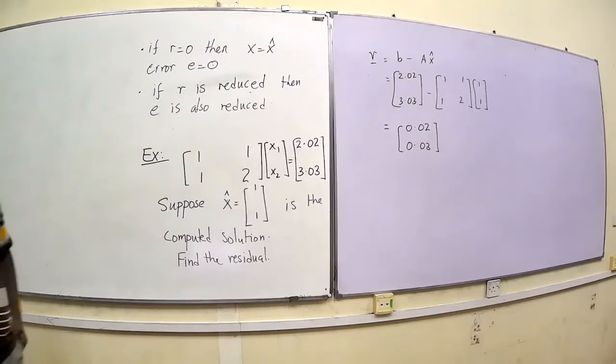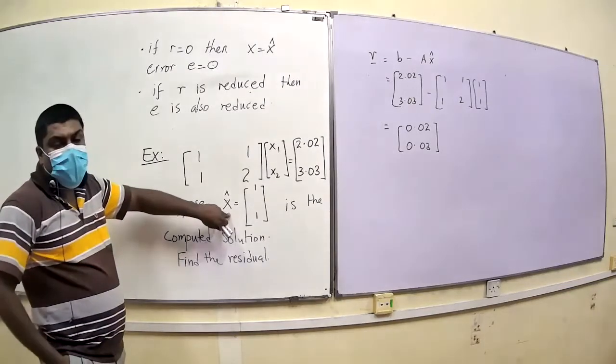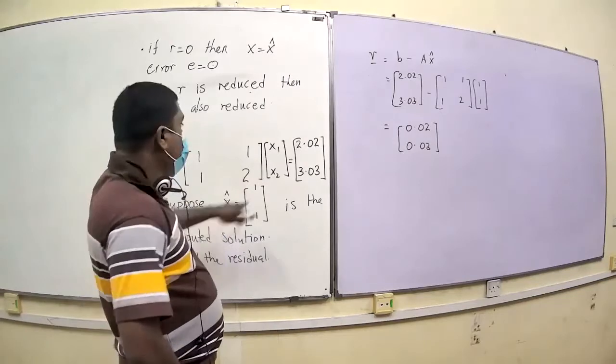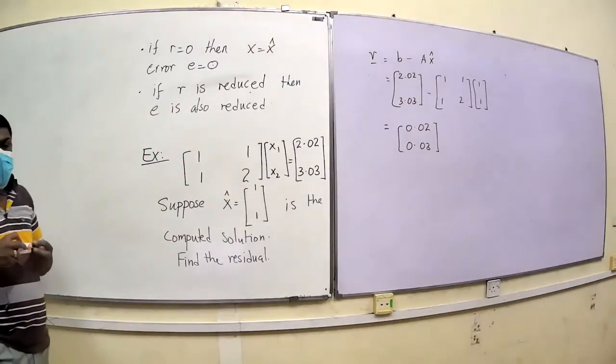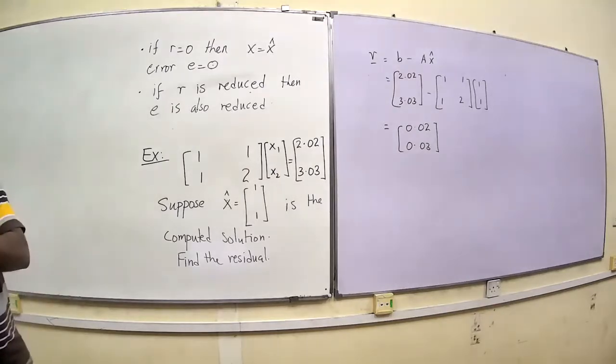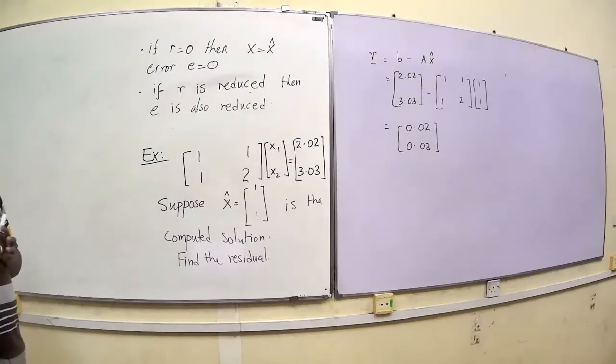Now, since we can find the residual, we need to look for a way to improve this solution. This is an approximation, so it is not exactly the same solution. It is slightly different from the original solution, so we may have to improve these results to get to a real solution.